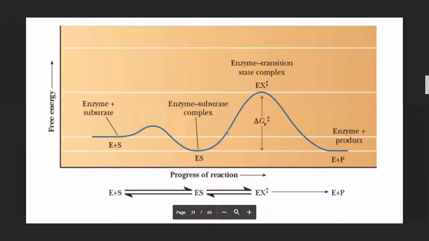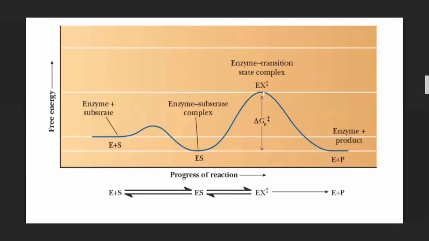So this bound substrate will take the shape of the enzyme transition state complex, EX, and this is the one in which the enzyme lowers its activation energy. It is the enzyme transition state complex, not the enzyme substrate complex, because this has a lower energy already.